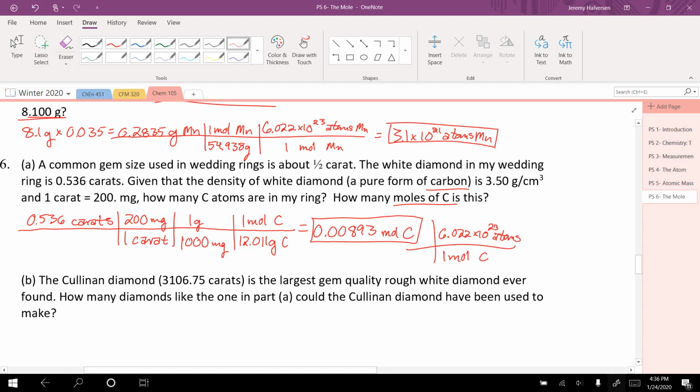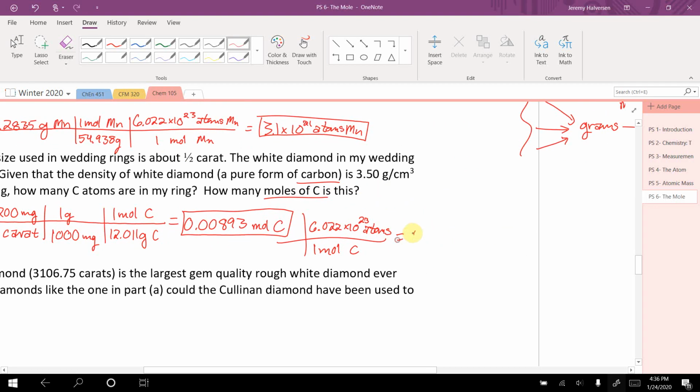And that gives me 5.37 times 10 to the 21st atoms of carbon.